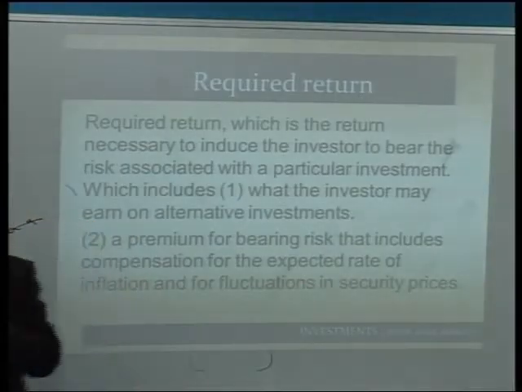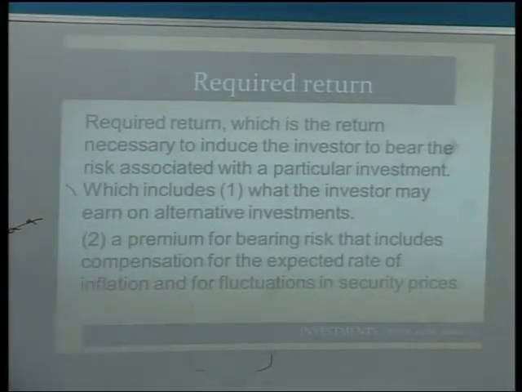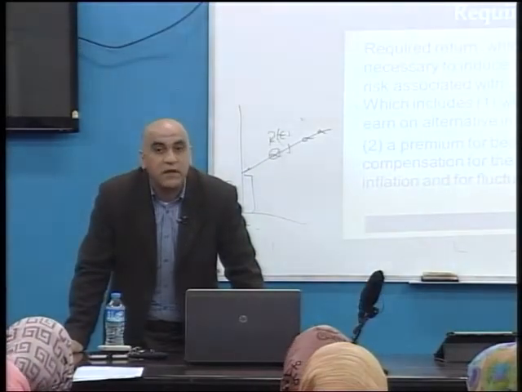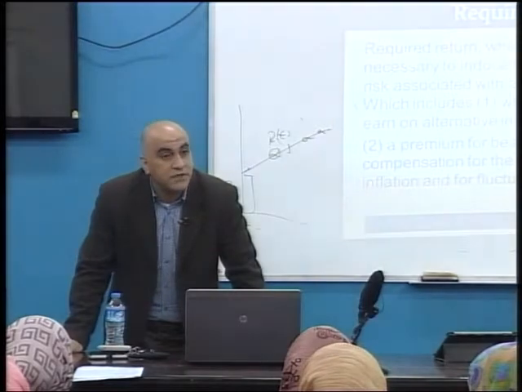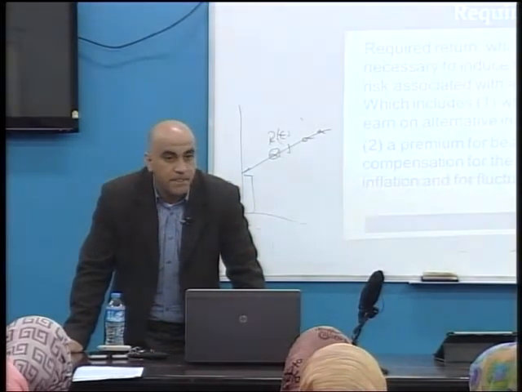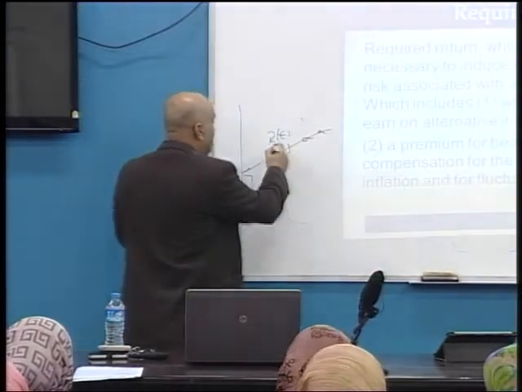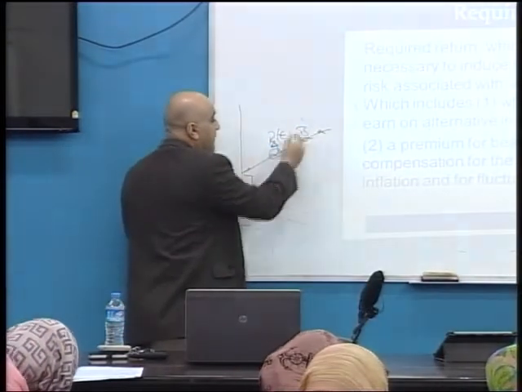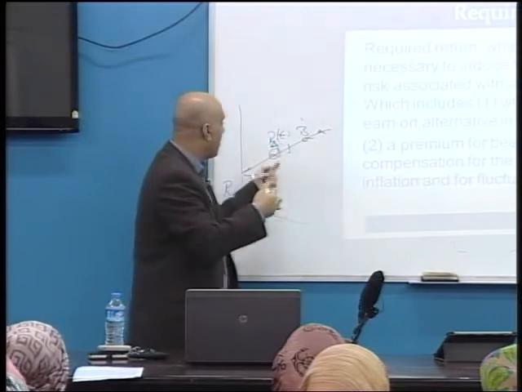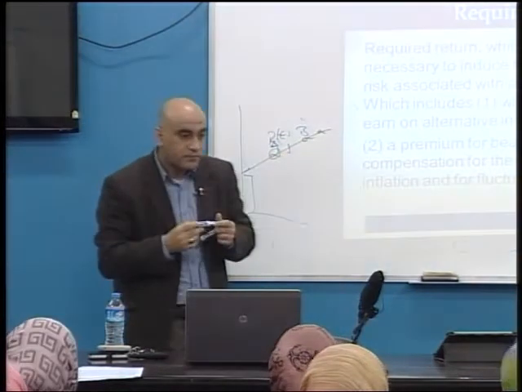So when an investor decides on an investment, they are thinking about what other investment tools or securities give him or her. He or she compares. This is the first thing. For instance, we have A and B, and the investor looks at A and B.